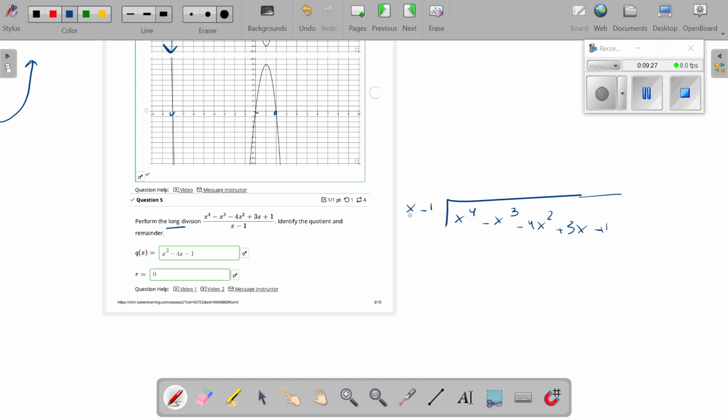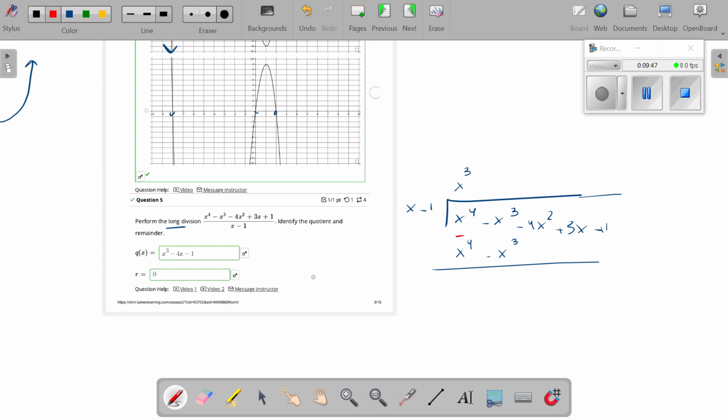Divide first term by first term. X to the 4 divided by x is x to the power of 3. Then multiply x to the 3 by x, which is x to the 4, and x to the 3 by -1, that's negative x to the 3. Then we're going to subtract them.